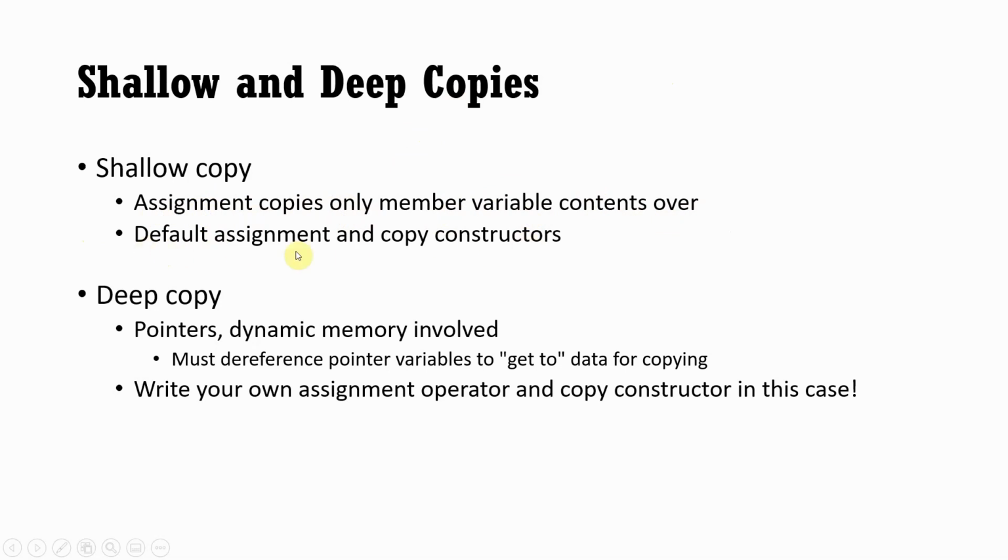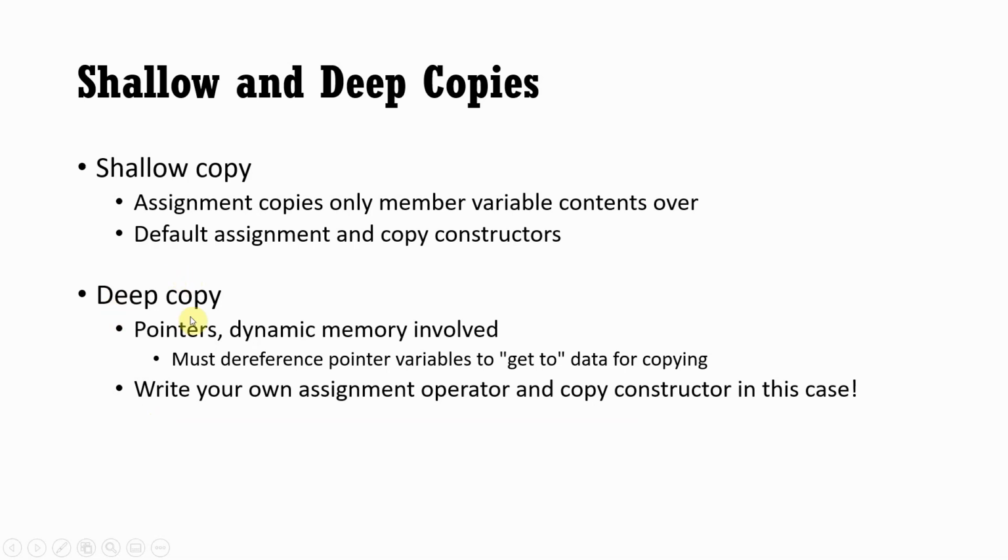The assignment operator and the copy constructor that the compiler generates for us, which we call the default assignment operator and copy constructor, do shallow copy. Now, if we don't have any pointers and dynamic variables, it doesn't matter because we only have one layer, right? So there's no shallow and deep, there's only one level. But if we have pointers and dynamic memory, then we want to have deep copy.